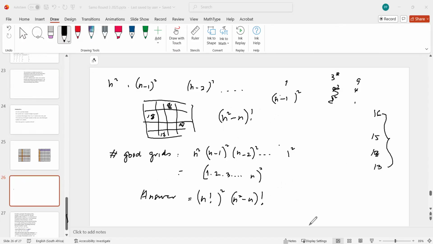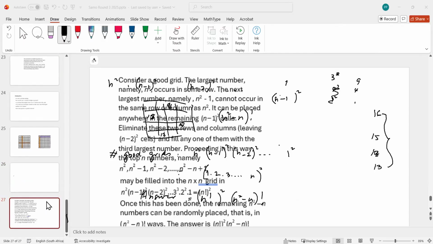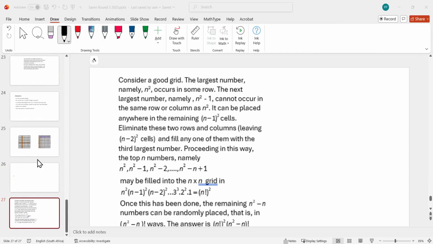Okay, this was quite a long session. I know you're probably quite tired. Well, let me just show you my solution, and you will see right at the bottom, (n factorial) squared into (n squared minus n) all factorial.